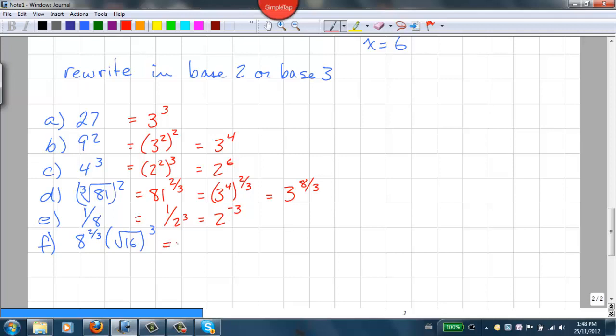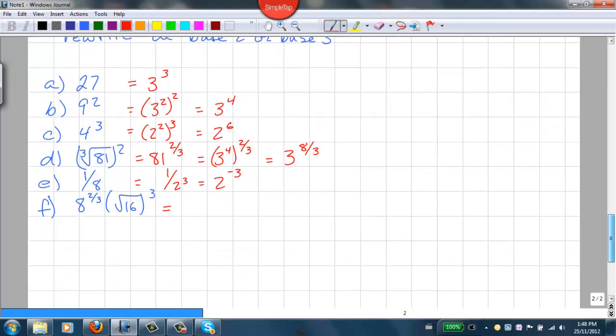And finally, the big daddy here, we've got 8 to the 2/3 times the square root of 16 to the power of 3. So 8 to the 2/3 times 16 to the 3/2.